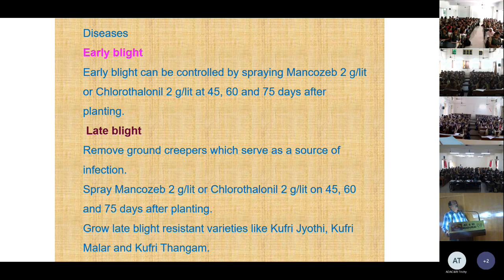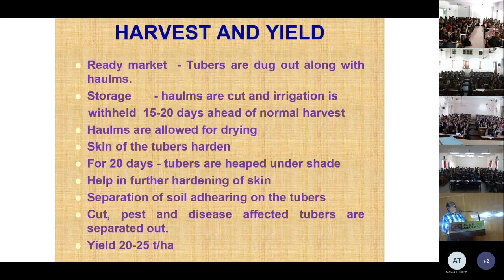You should also grow resistant varieties like Kufri Jyoti, Kufri Malar and Kufri Thangam. These varieties are resistant to late blight, and we have to use them.